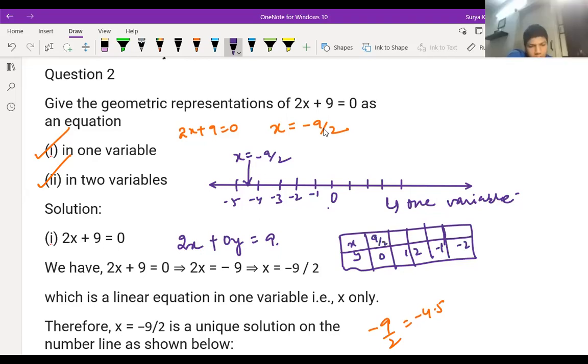Minus 9 by 2 you will get all the time. So minus 9 by 2, just search for it on the number line in the coordinates.